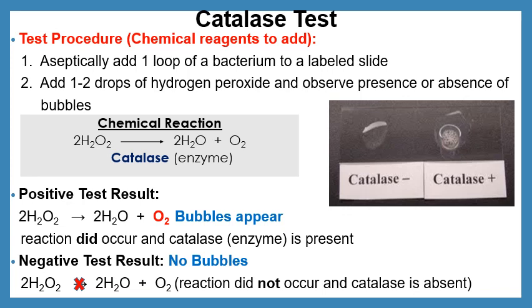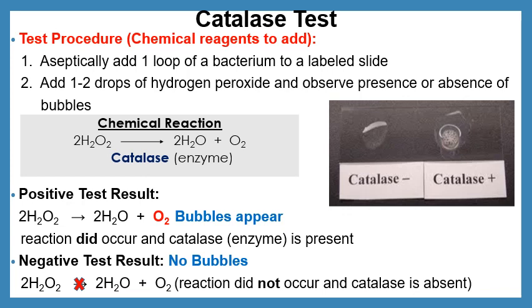This would indicate that the enzyme catalase is present. So once you've added that hydrogen peroxide, if you see bubbles, which is the positive result, that would tell us that we have oxygen being released and that catalase is present and this reaction did occur.